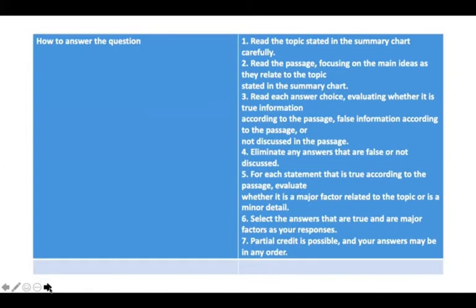Fifth, for each statement that is true according to the passage, evaluate whether it is a major factor related to the topic or a minor detail. Select the answers that are true and are major factors as your responses. Partial credit is possible and your answers may be in any order.